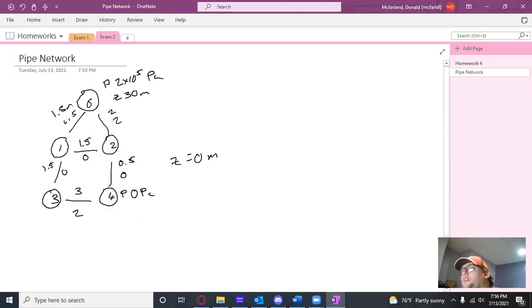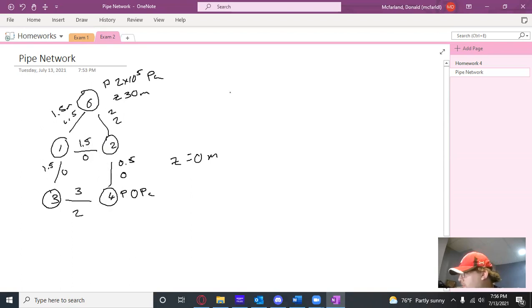What we're trying to do with this network is find the net flow between all these and the pressure at each node. We're also trying to find the flow between all these pipes. So pipe 1, pipe 2, pipe 3, and so on, all the flows in here.